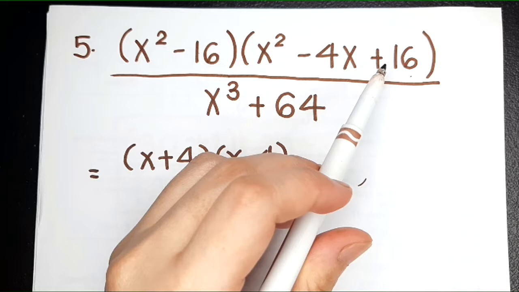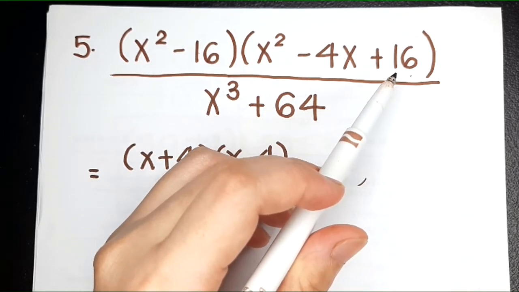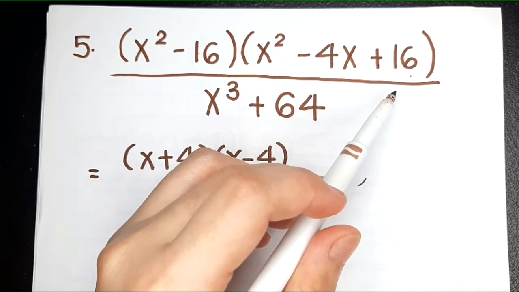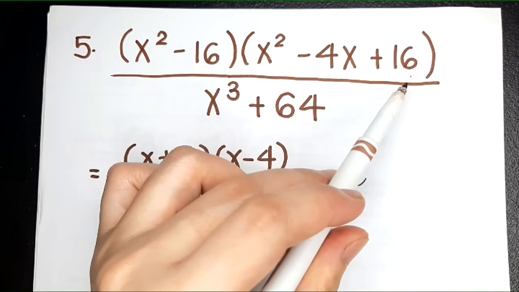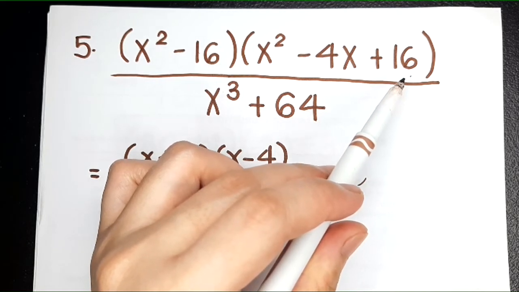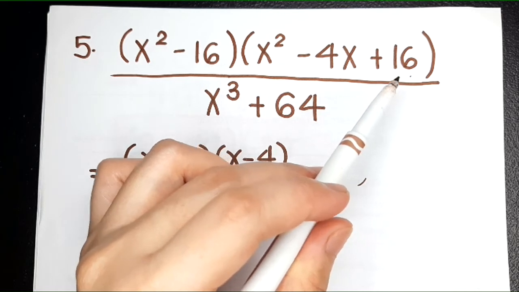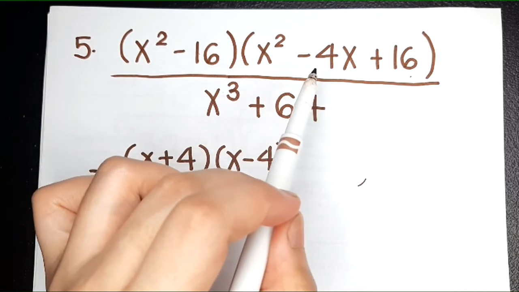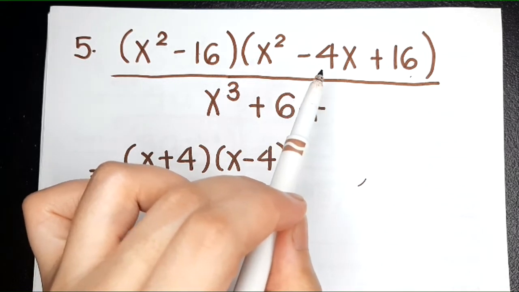What do you get? Positive 16, right? That's the product. Now, if the product is positive 16, para malaman nyo kung factorable po ito o hindi, can you find factors of 16 that when you add, the answer is negative 4? The coefficient of x here, which is negative 4.